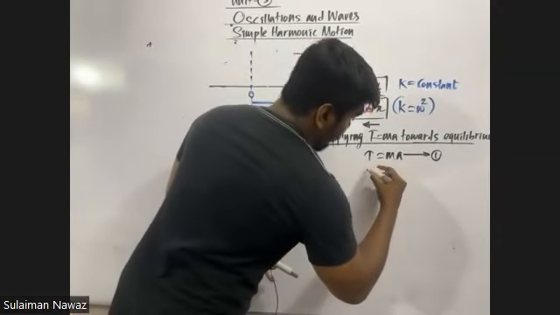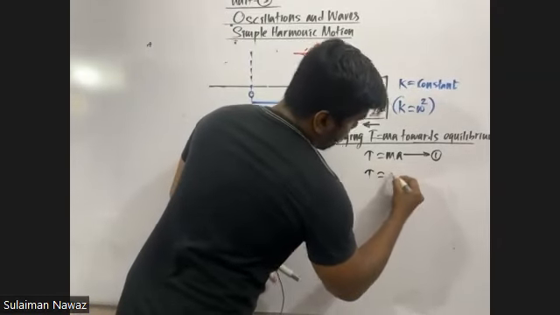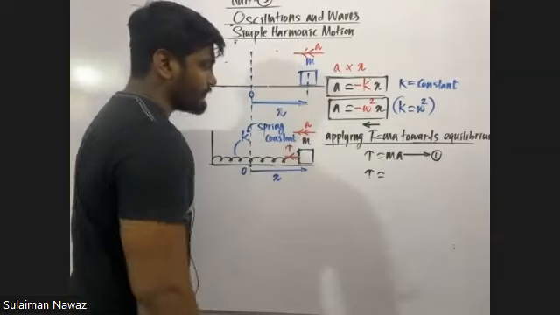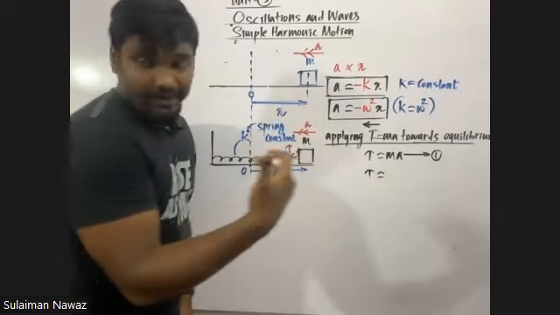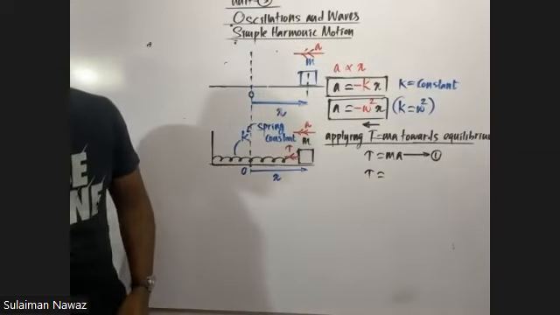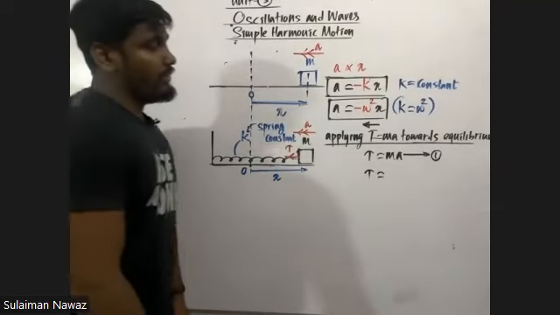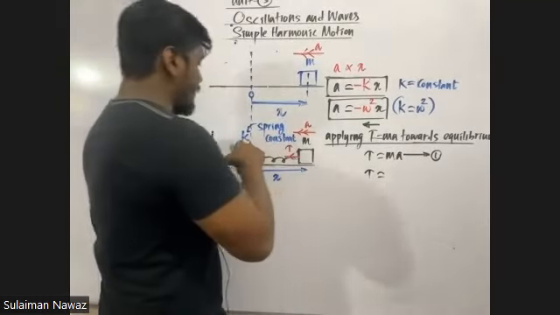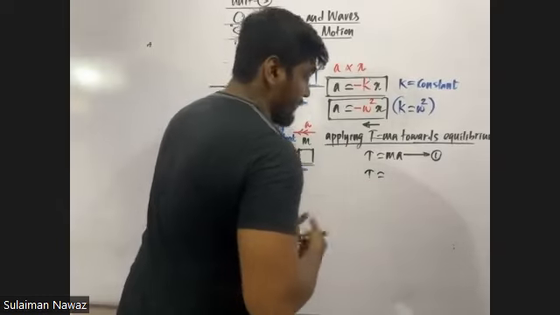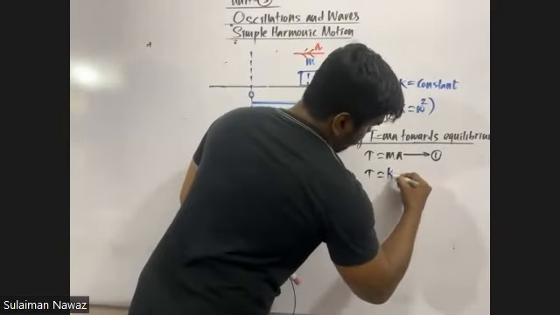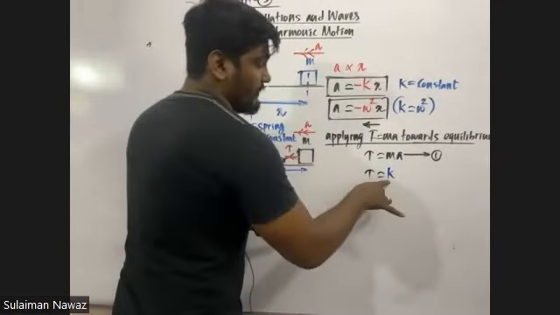Then this tension force equals what? If I apply F equals kx, I can say the tension force equals k times x, where K means spring constant.